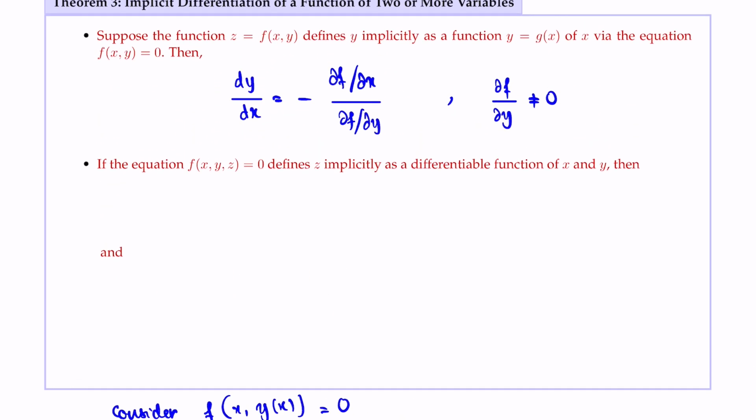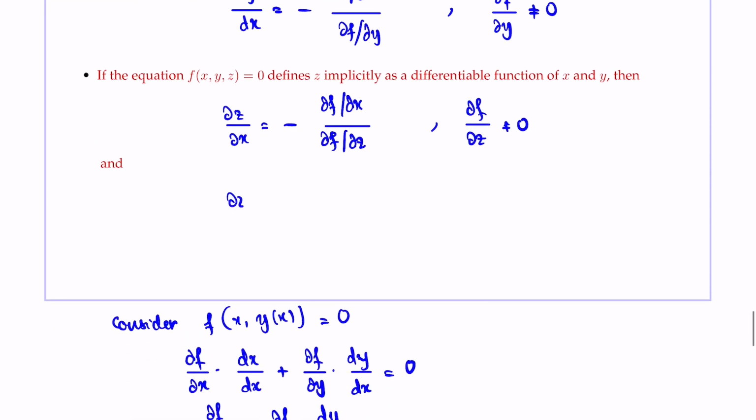Now I'm going to give you another formula in the case of functions of 3 variables. So if you have the equation f of x, y, and z equal to 0, defining z implicitly as a differentiable function of x and y, then you get that partial z partial x is equal to negative partial f partial x divided by partial f partial z, given that partial f partial z has to be different from 0.